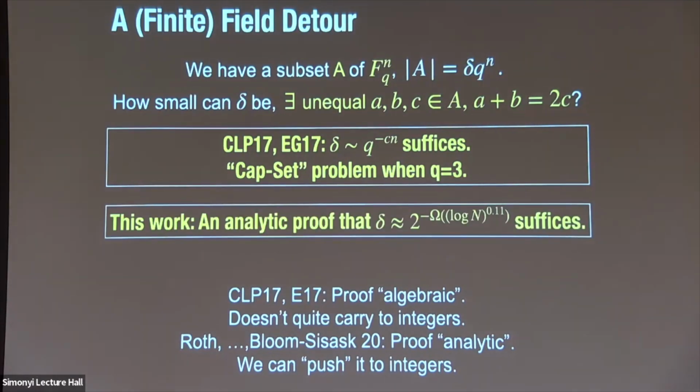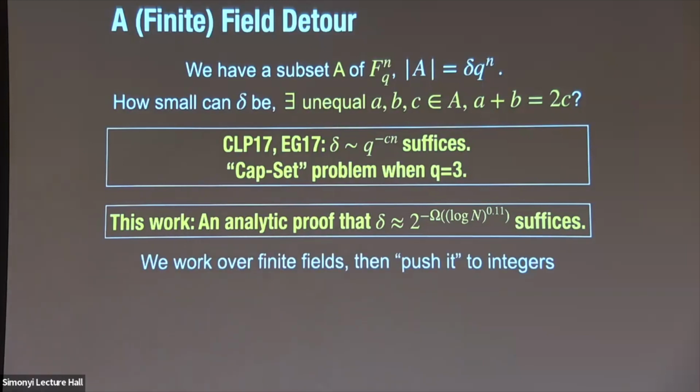And in fact, the first thing that we do in our work is to give an analytic proof for finite fields with much worse density than what you knew from algebraic methods, roughly 2 to the minus log n to the 0.11. But because it's using analytic methods, we can push these techniques to work over integers. Okay? And there's a significant amount of work required to do this, but I would say focusing on the analytic proof for finite fields gives us a good picture of what's needed.